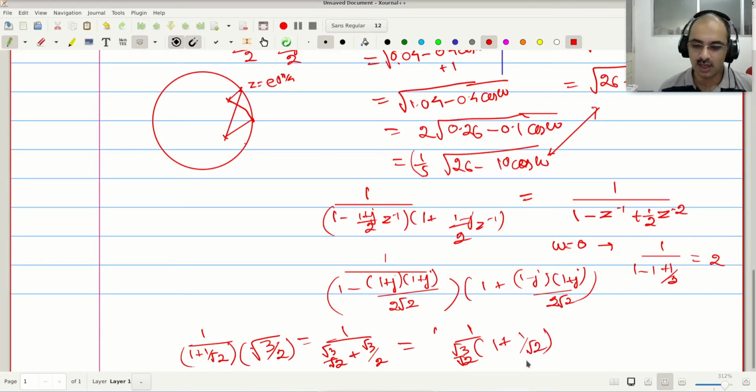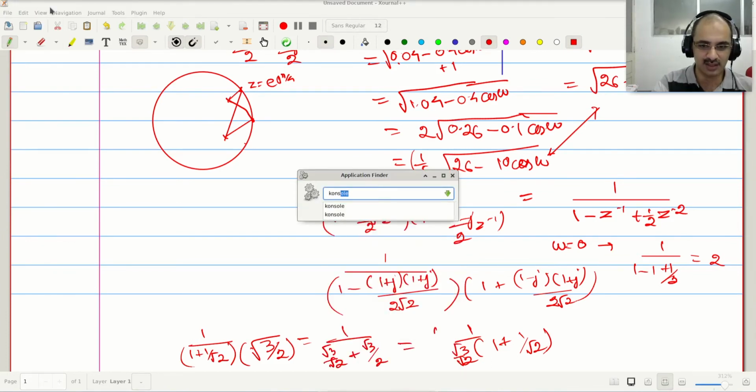Now you can compute this. It is roughly 1.7 root of 1.5. I think we'll just use a calculator and do it easily.